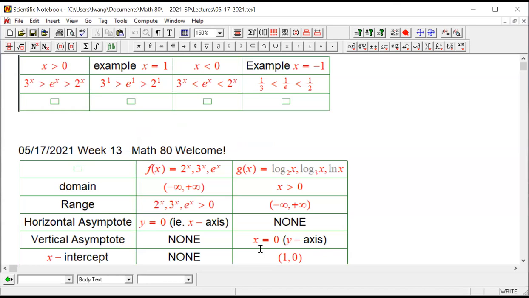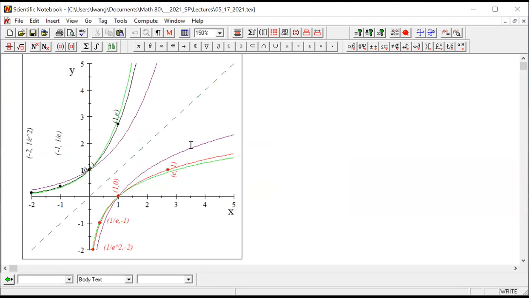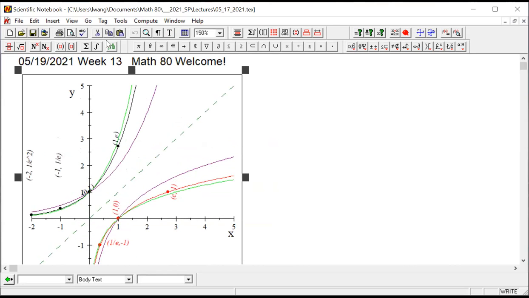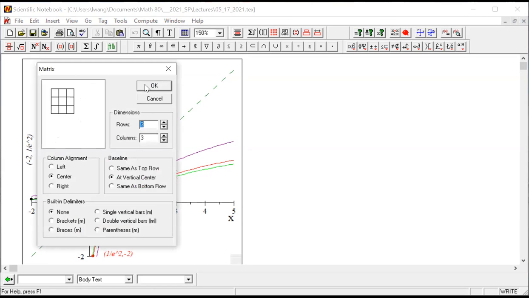Put it down beneath. Now, we're going to draw a similar table.